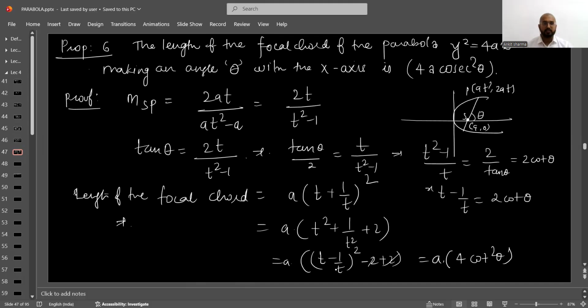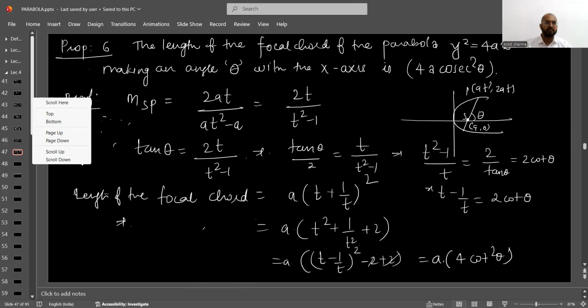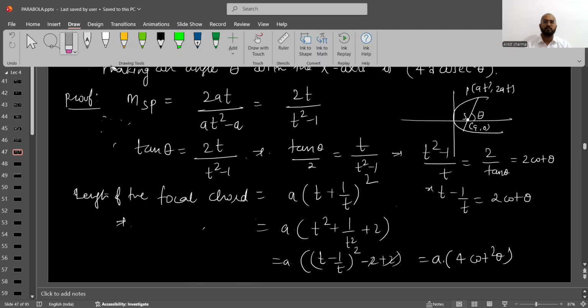The length of the focal chord is a into (t plus 1 by t) squared, which is t² plus 1 over t² plus 2. This can be written as (t minus 1 over t) squared, which is t² plus 1 over t² minus 2. Sorry, that's plus 2 basically, not minus 2.